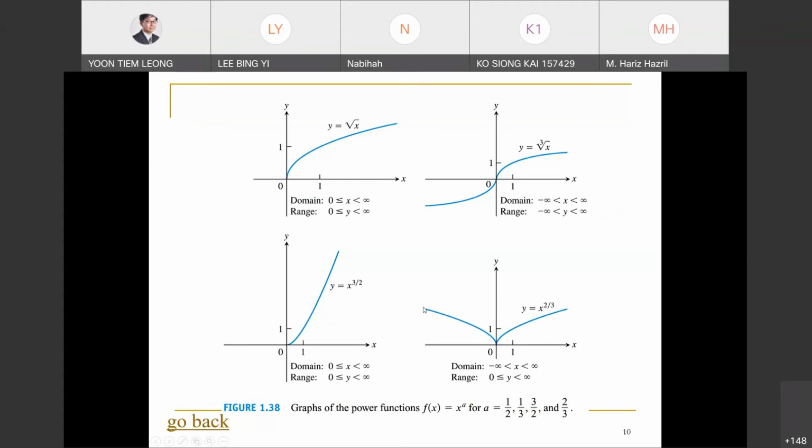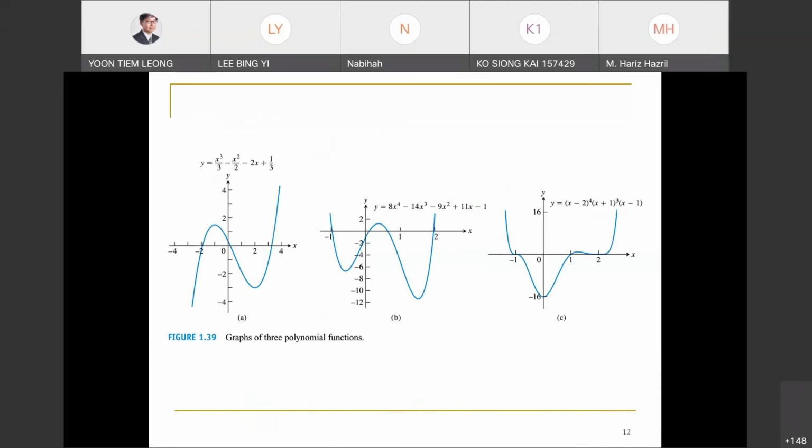In this case, the function is always increasing for all its domain. So I wouldn't expect any difficulty for you to understand the definition of whether a function is increasing or decreasing.